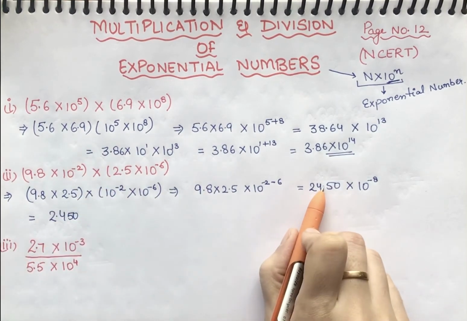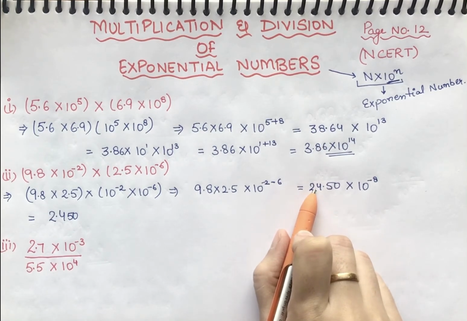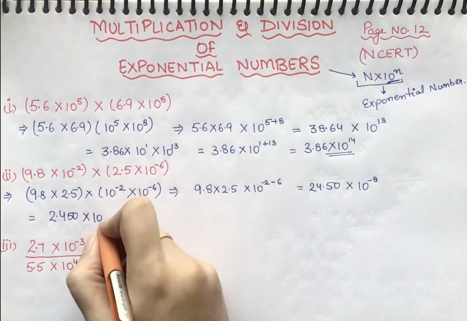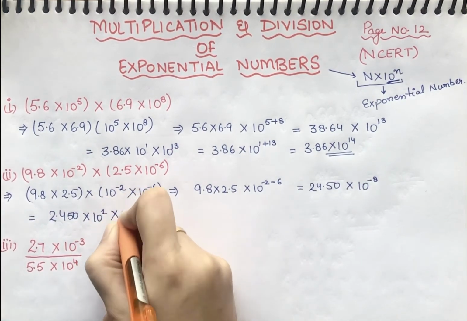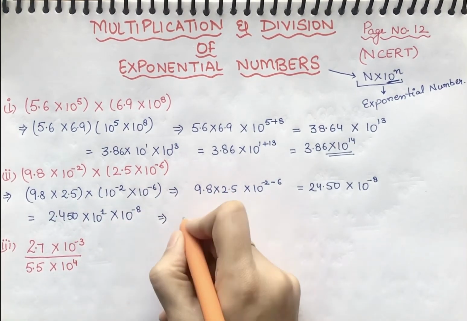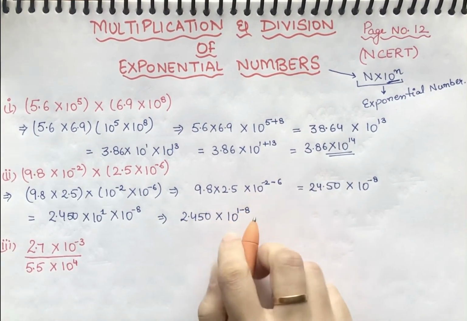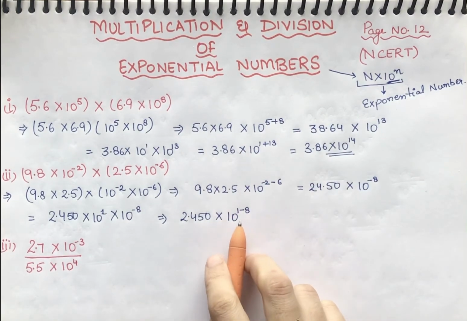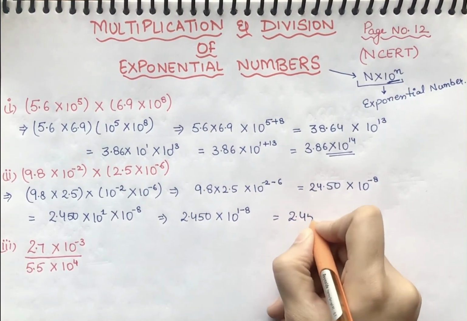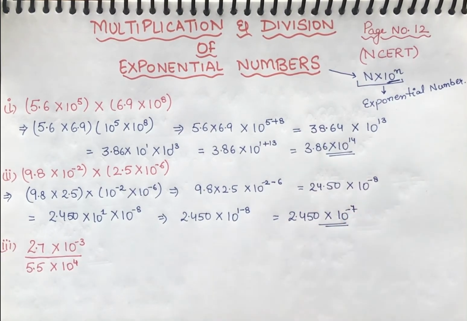If I move this decimal from right to left, I'll take the value as a positive power, into 10 raised to power 1, into 10 raised to power minus 8. Now the powers are in multiplication, so I'll simply add these powers: 2.450 into 10 raised to power 1 minus 8. Now both terms have different signs, so I'll subtract these values. So 2.450 into 10 raised to power minus 7 is your final answer, right?